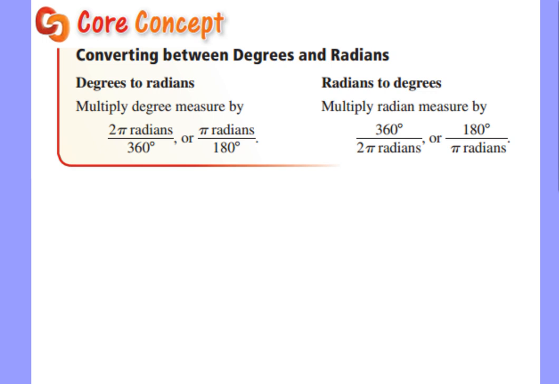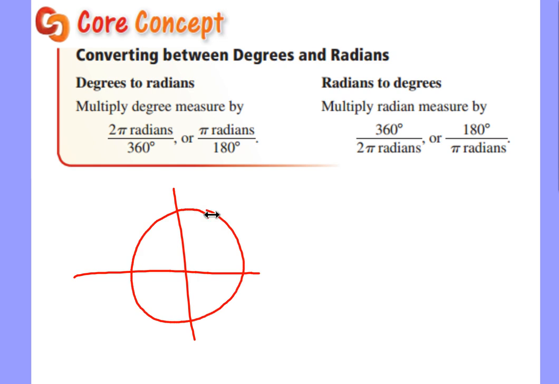A radian, if you imagine that you've got yourself a unit circle right in here, and you have an angle created here with a radius here, a radian is created by this radius. If you imagine that the blue line I just drew gets bent into this arc right in here, that gives us 1 radian of measure.